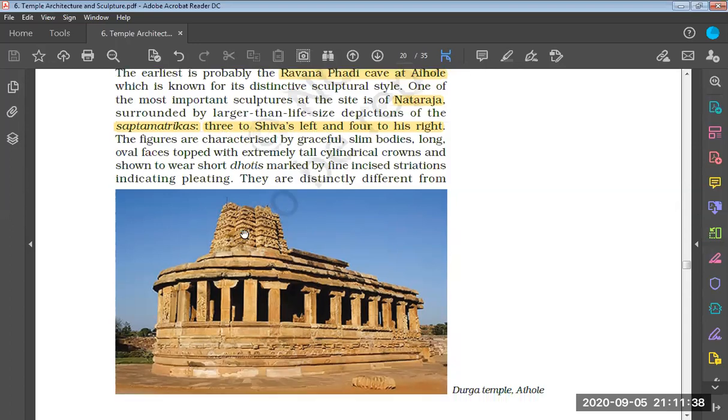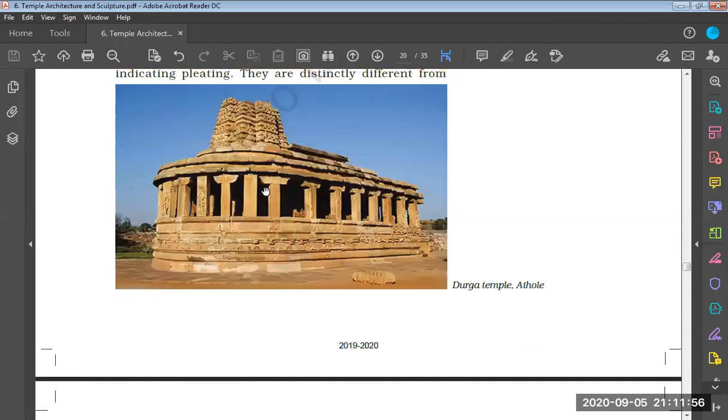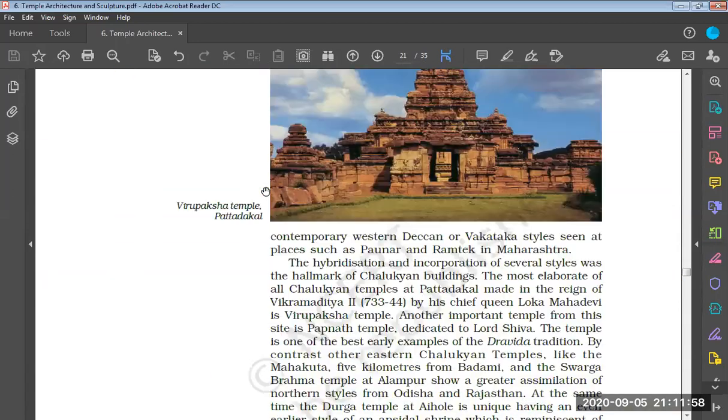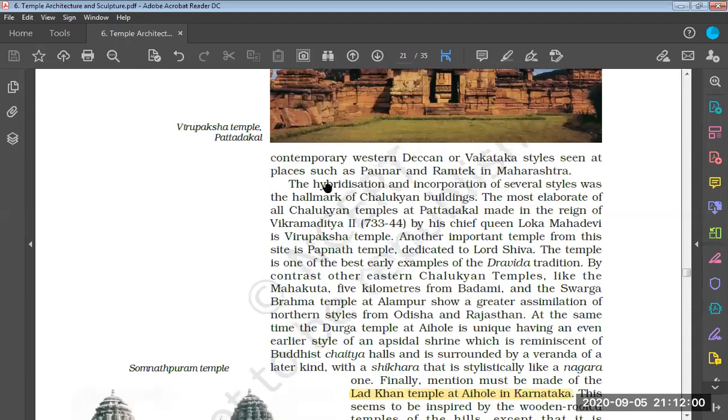Basically the main shrine is of Shiva. The figures are characterized by graceful, slim bodies, long oval faces topped with extremely tall cylindrical crowns, and are shown wearing short dhotis marked by incised striations indicating pleating. They are distinctly different from the contemporary Western Deccan or Vakataka style seen at places such as Ponar and Ramtek.